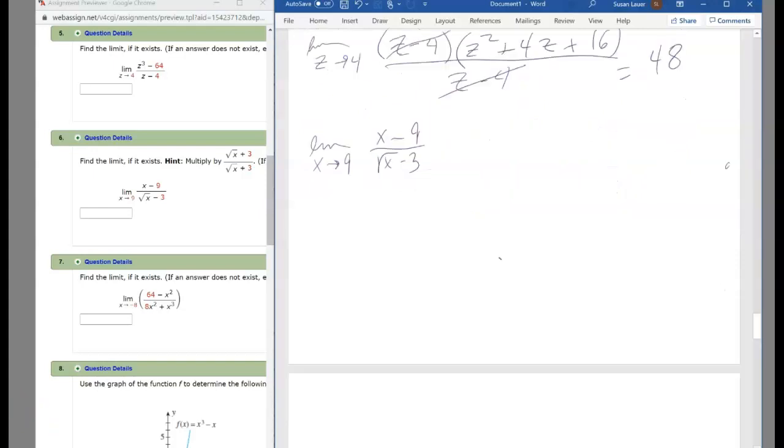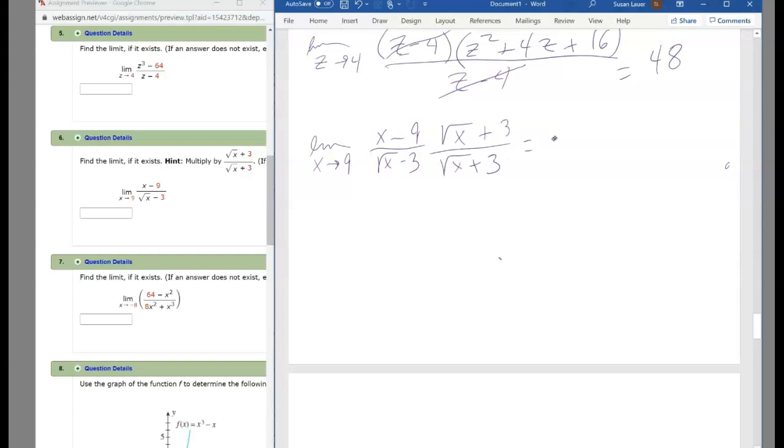On the next one they give you a hint, but it's a conjugate trick that we learned from the first chapter. So I won't give you the hint on the test. I will give you a problem like this, but the hint won't be on the test. So I'm going to multiply both the top and the bottom by the conjugate of the denominator, square root of x plus 3.